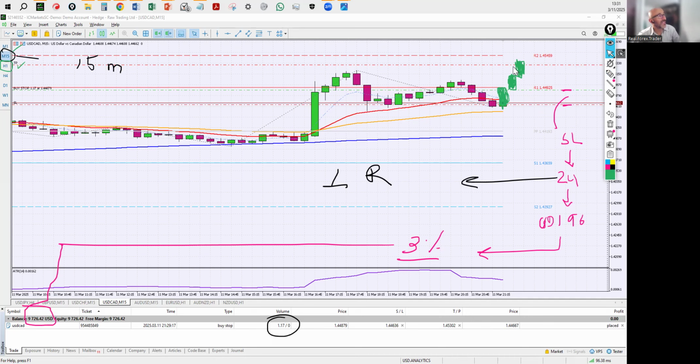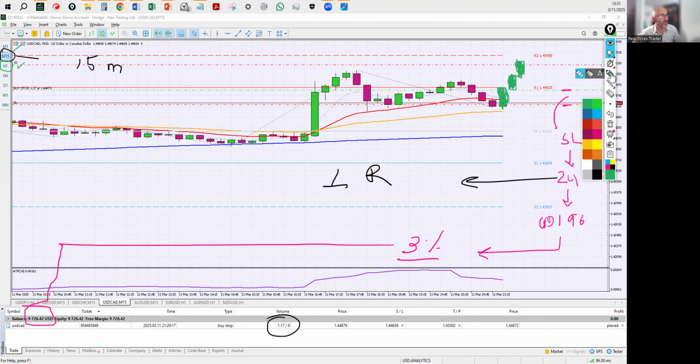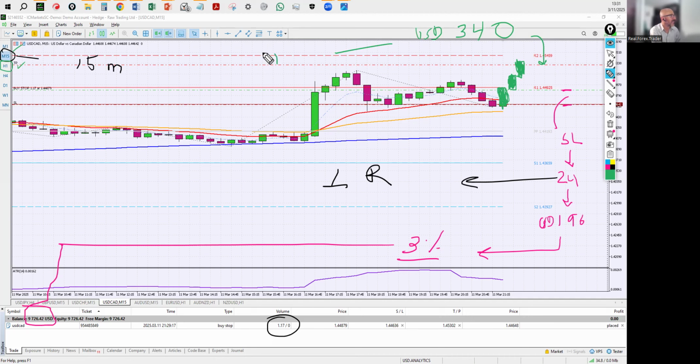So when it hits my take profit, I would be taking $340, right? So that would be my positive take profit. This is what? This is 2R. Well, in this case, it was not 2R. It was around 1.8R, right?